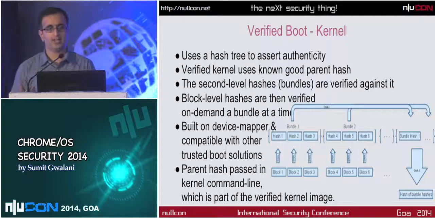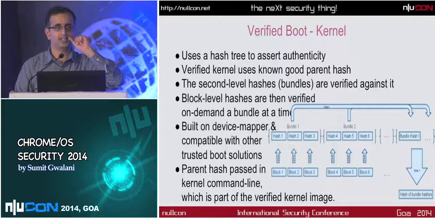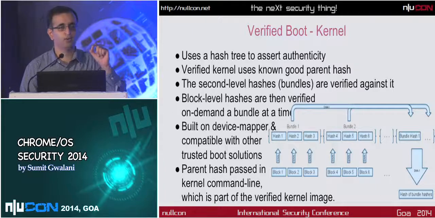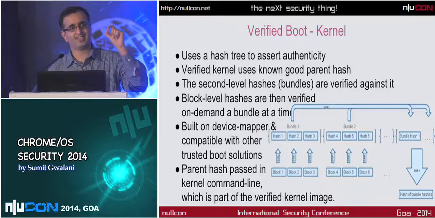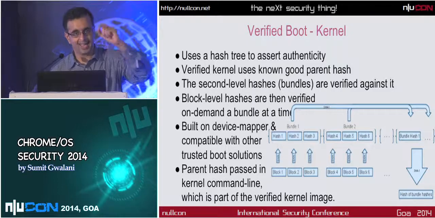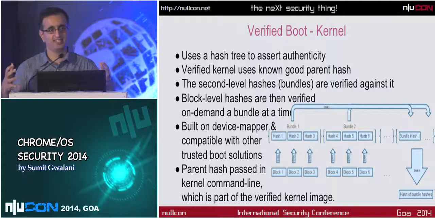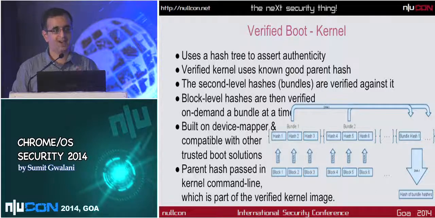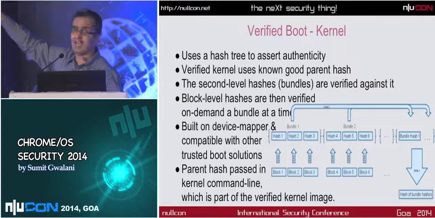The idea was that it might be okay if we don't check every single bit of the root file system in those first 10 seconds, so long as we can ensure that we check every single bit before it is run or executed the first time. So you pass in the kernel command line your parent hash for the root file system, which the kernel can then use to verify a second level of hashes and make a complete hash tree.